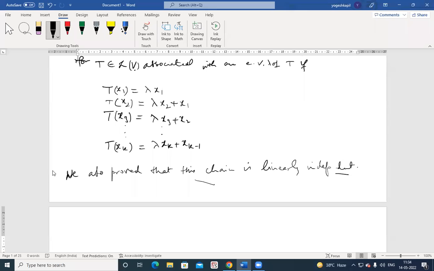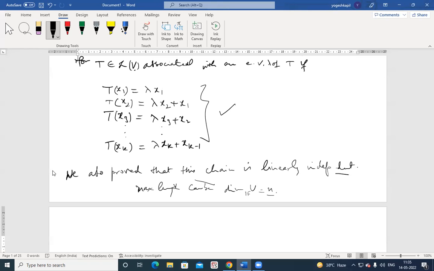We now shall be proving the existence of Jordan canonical form for T. And we just got this information from here. The maximum length of this chain can be the dimension of V over F, that is n.